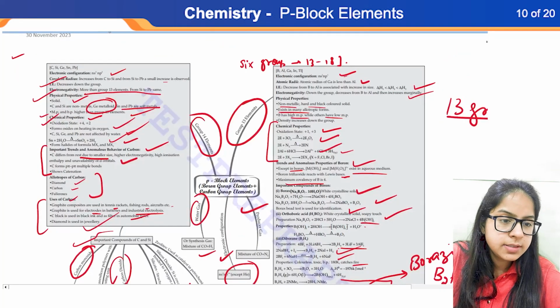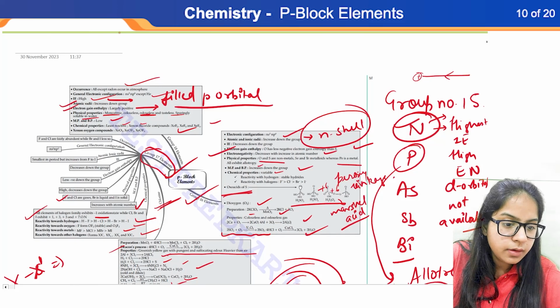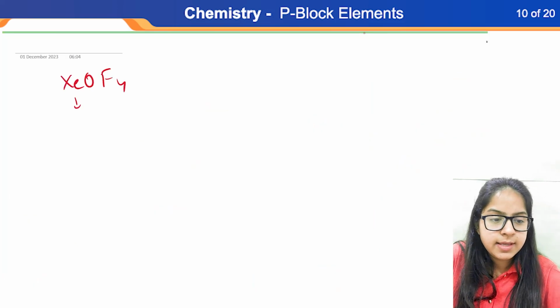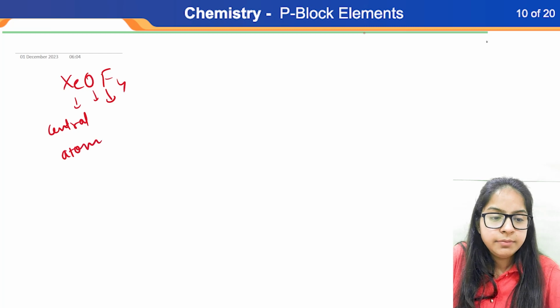Now the next one that remains is XeOF4. Again, the central atom, the monovalent atoms, and the divalent atom.